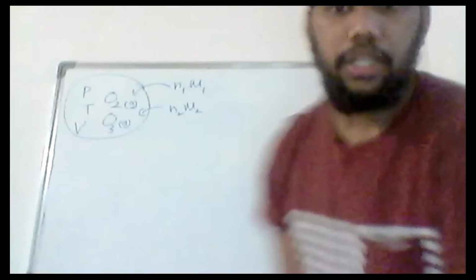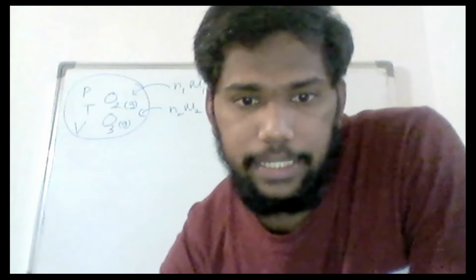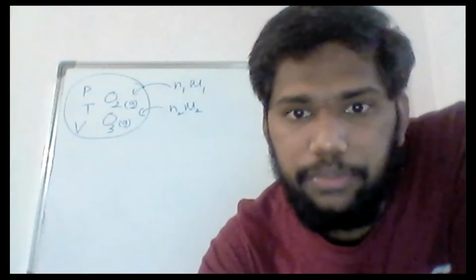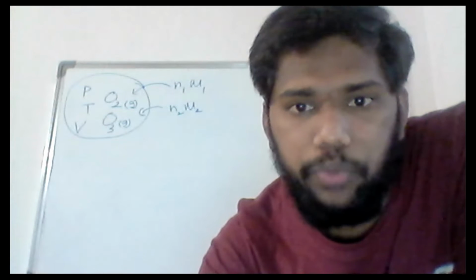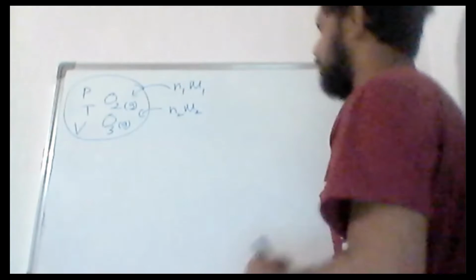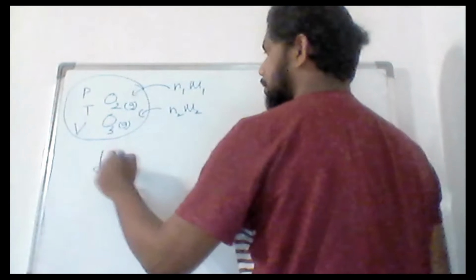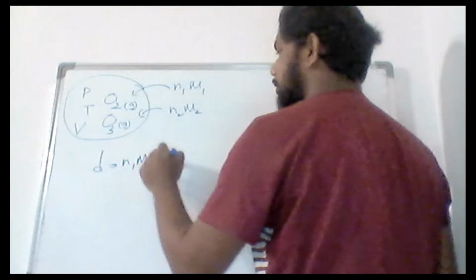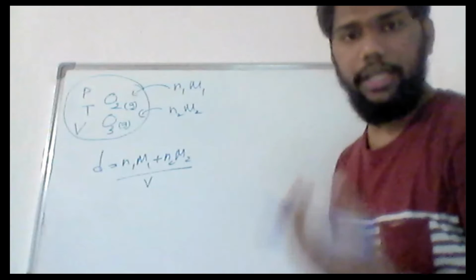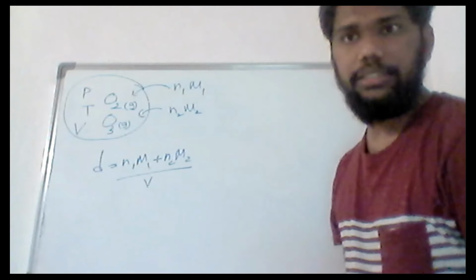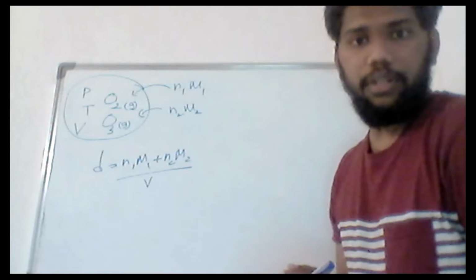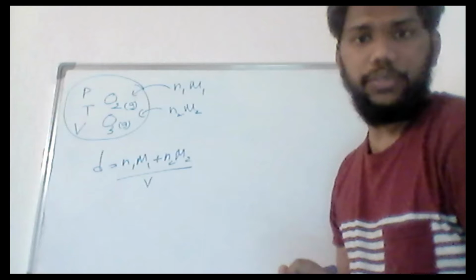Okay, we will see. The next question is to express the above relationship in terms of x1, x2, M1, M2, V, and n. So we have the solution for density that was N1 M1 plus N2 M2 over V. And now what they are asking here is to express this relationship in terms of x1 and x2.